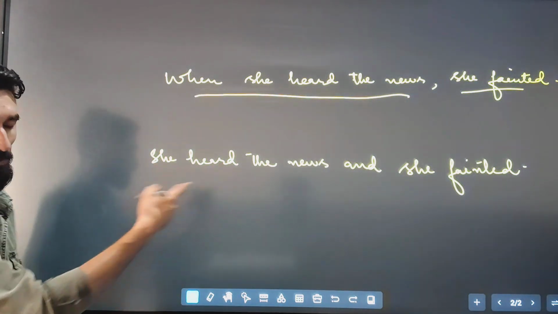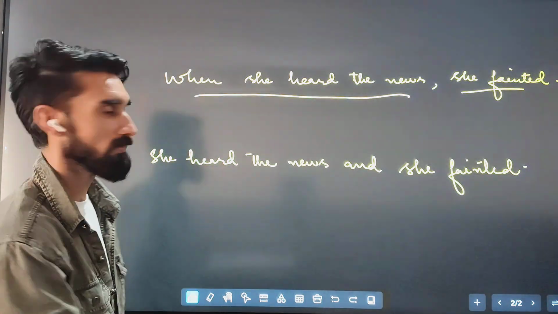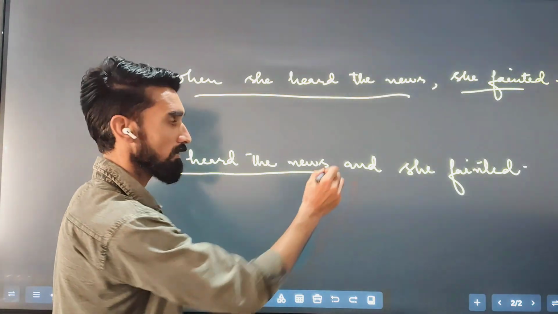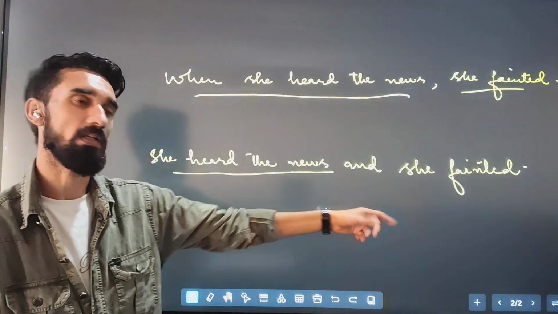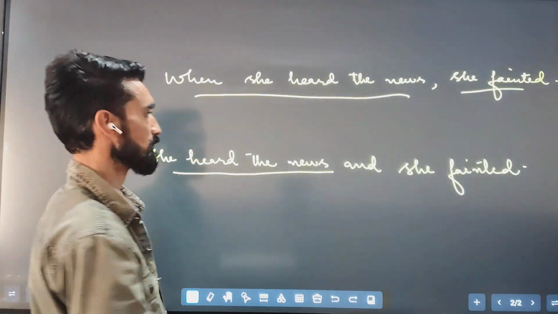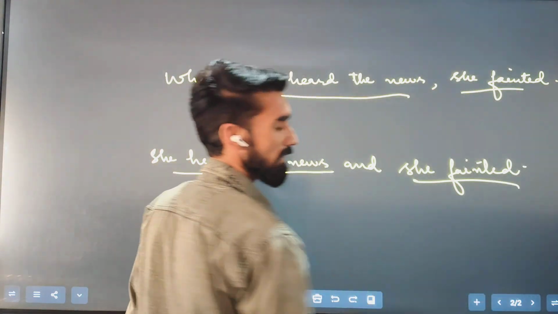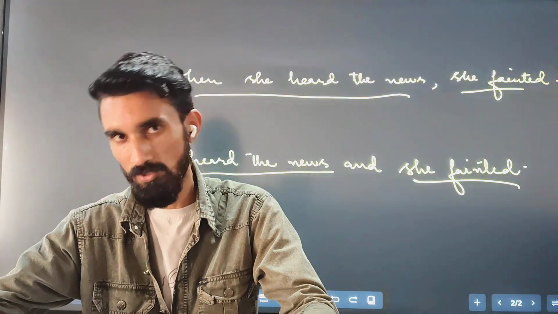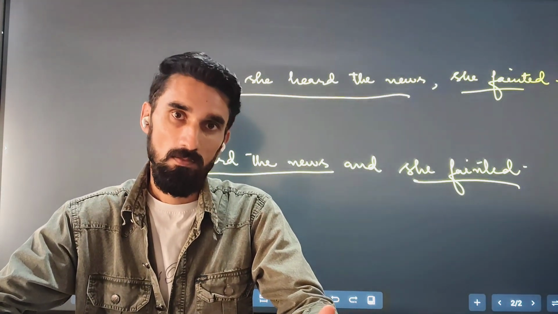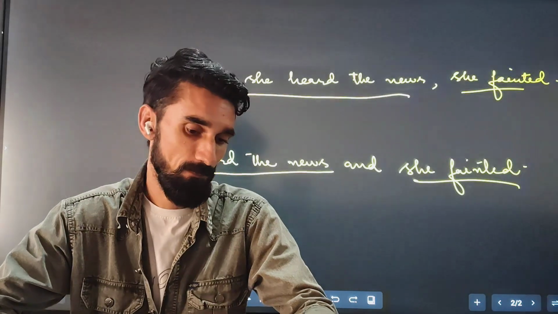So now both of the clauses become independent in their meanings. She heard the news. It doesn't depend upon that part now to complete the meaning. It becomes an independent clause. And here, she fainted again is an independent clause. So two independent clauses when joined by a coordinating conjunction become a compound sentence.